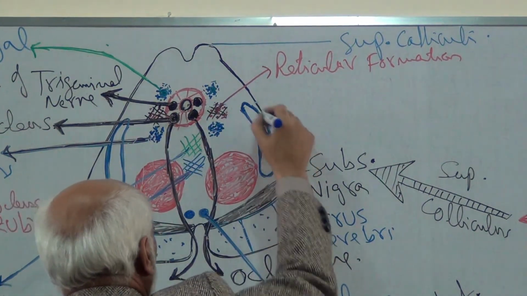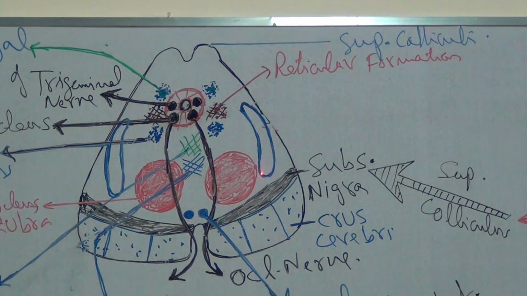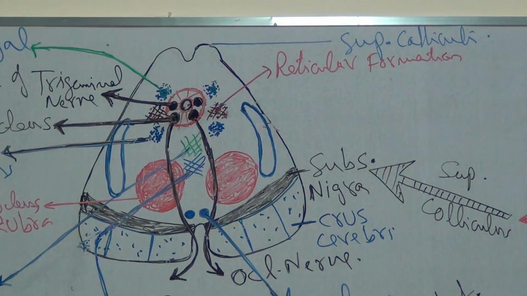This curved band of white matter, located behind the lateral most part of the substantia nigra, extending laterally downwards and medially, comprises ascending tracts, sensory tracts.